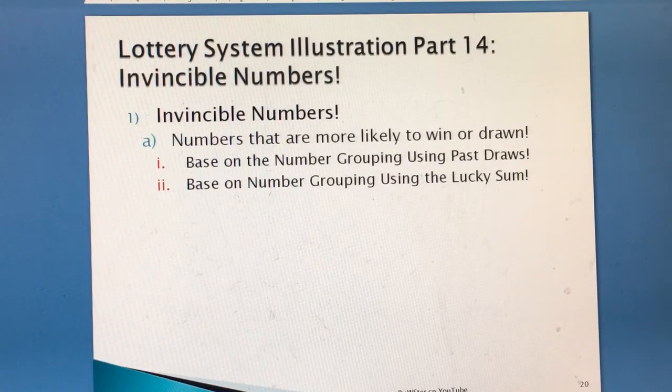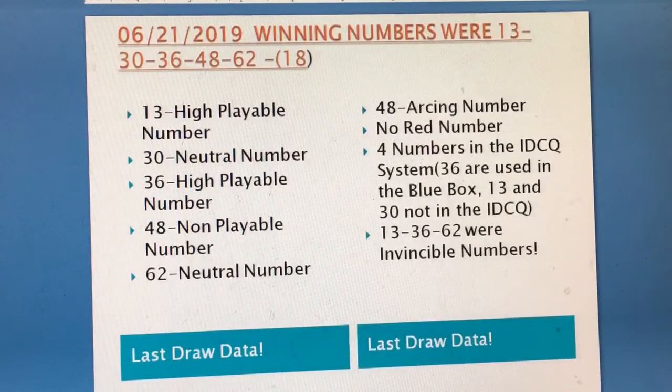Now, part 14 is invincible numbers. Numbers are more likely to win or be drawn by using the invincible number system. It's based on the number grouping using the past draws, and based on the number grouping using lucky sum. So these are invincible numbers. So this is the new system, and let's get started before I run out of time.